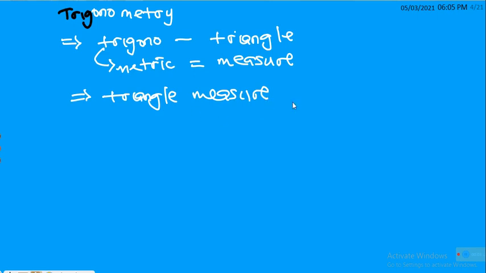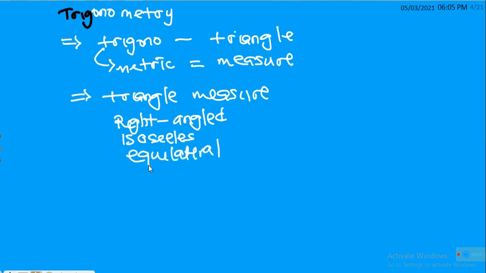Okay, all forms of triangles can have the right angle triangle: right angled, isosceles, equilateral, and scalene triangle.